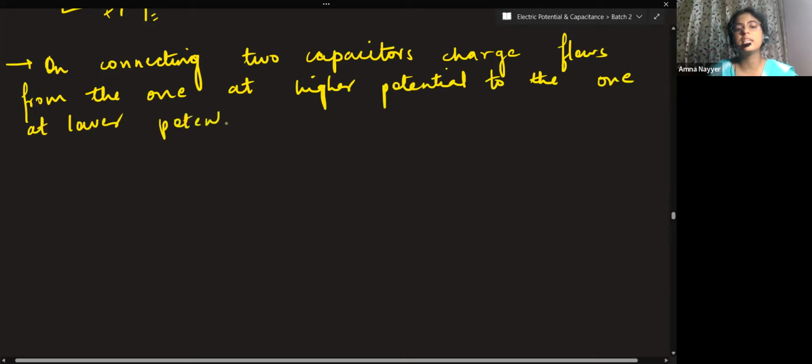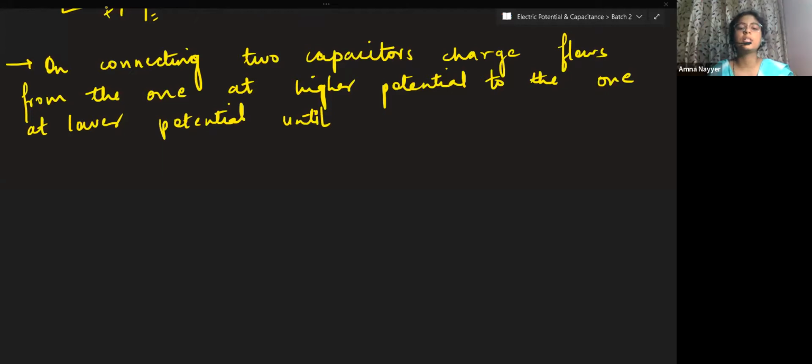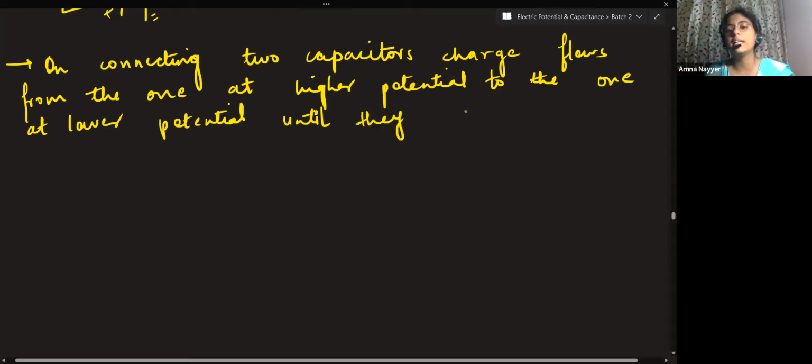This is the direction. Until when, Fatima? Until it becomes equal. What becomes equal? Potential becomes equal, until both of them acquire the same potential.